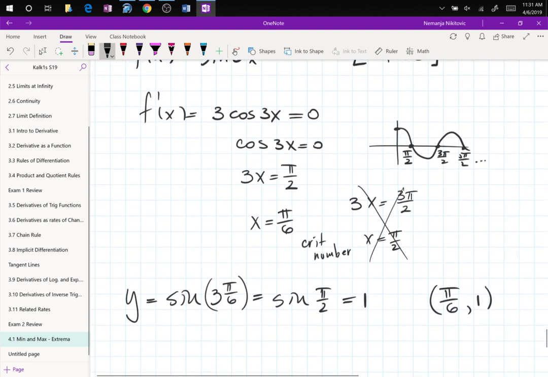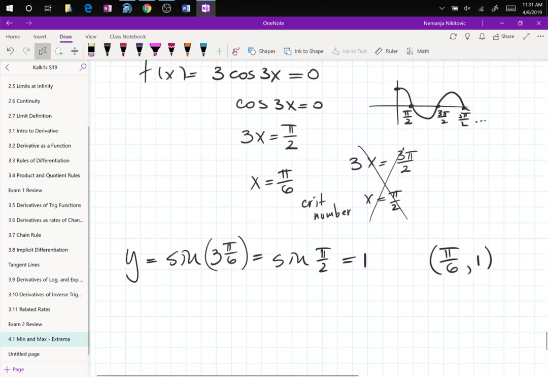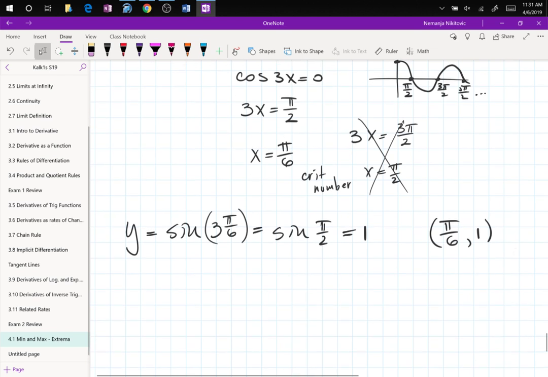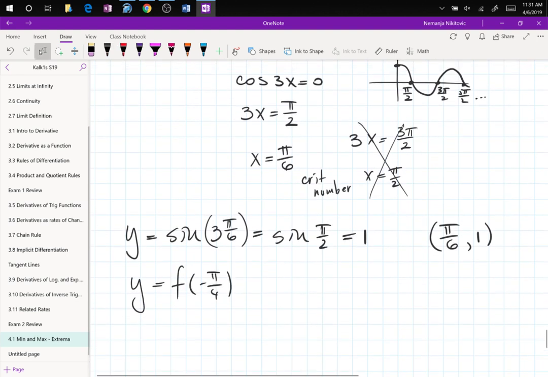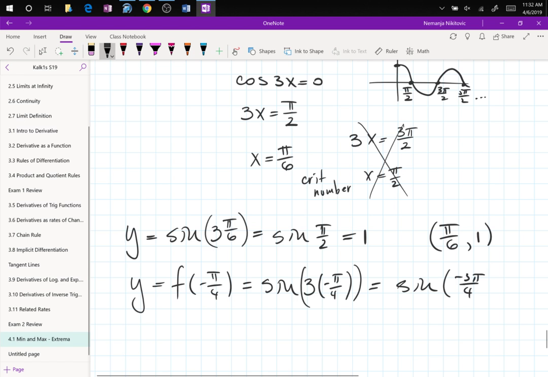And now I need to know whether this is a min or a max, so I can test with, oh wait, hold on, no. Now we find the endpoints. So I have negative pi over 4 to the left, so this is going to be sine of 3 times negative pi over 4, which is sine of negative 3 pi over 4.